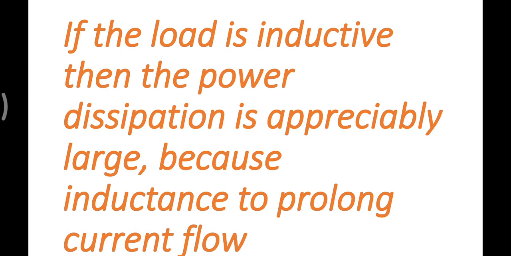Even though the switch is opened, some current still flows, and that current is called prolonged current. So in inductive loads these losses will be more. To reduce this type of switching losses, we are going to use the snubber circuit. Let us see how to use this snubber circuit.